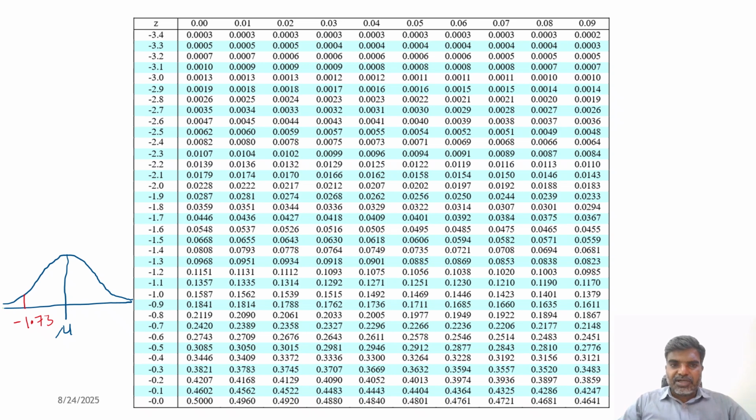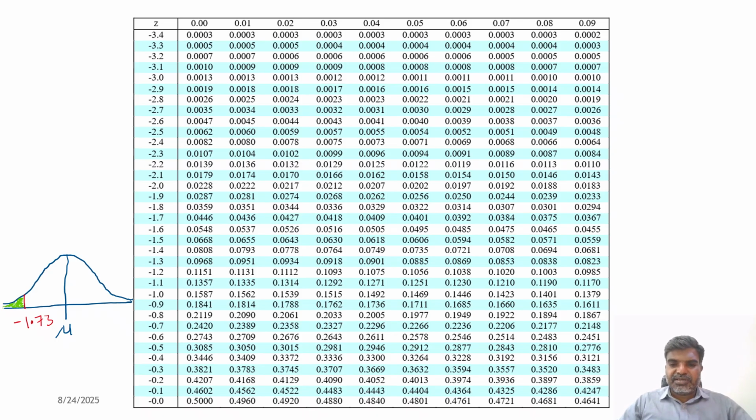Now the area under the normal curve is the left part of minus 1.73. Now you can see the green color. The table always gives the left side area of the z value. So we have to find the area of the green color, and we can find that from the table.